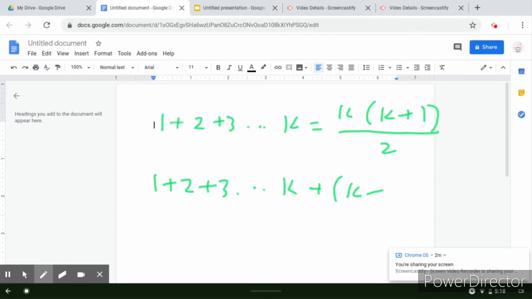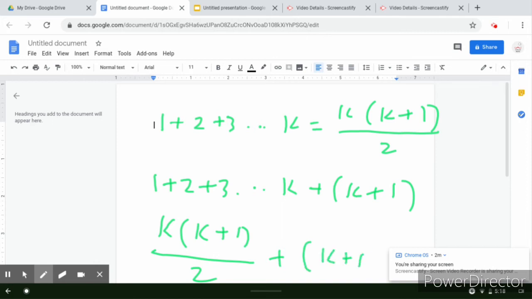Once we have this equation, we can rewrite it as k times k plus 1 over 2 plus k plus 1. We can rewrite it this way because we're assuming that 1 plus 2 plus 3 all the way to k equals k times k plus 1 divided by 2.